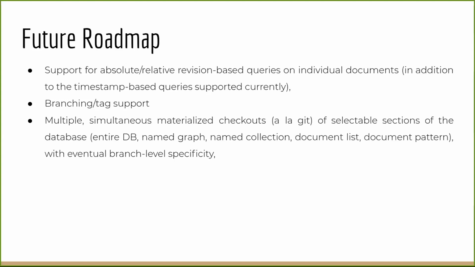Basically, you define a section of the data, a named graph or a collection or a bunch of nodes identified by their node IDs, and you check them out as of a particular point in time. Once they are checked out into their own separate collections, users can run ad hoc AQL queries on them, thereby getting the full power of AQL on a materialized historic version of their data.